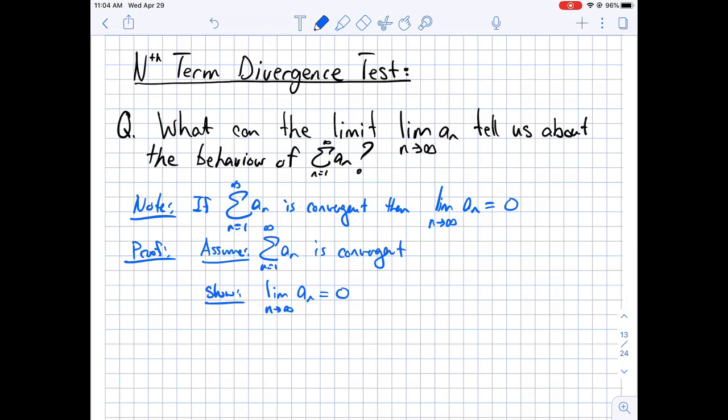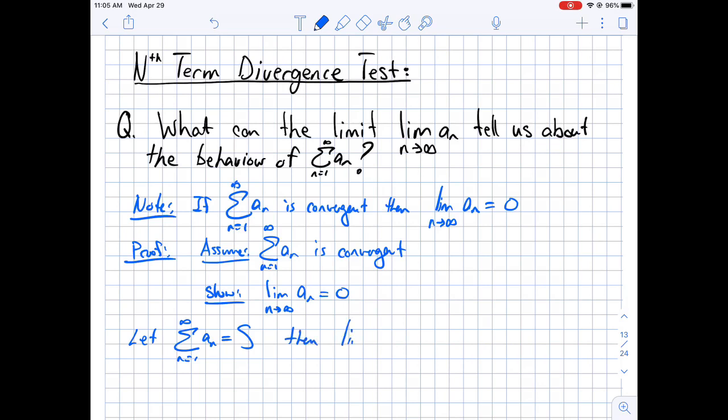Okay, so here at the start, we're going to state a couple things. And the first thing is that if our series is convergent, then that means it actually is equal to some value. So here, let's suppose that it converges to s.